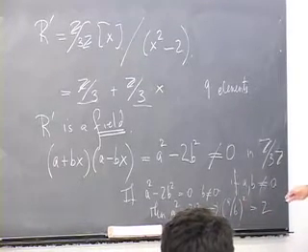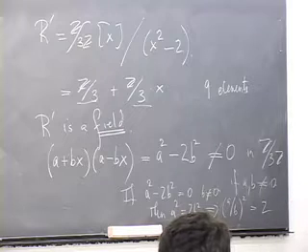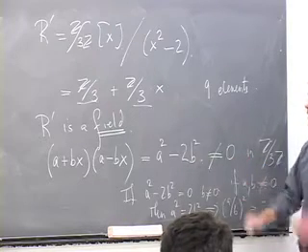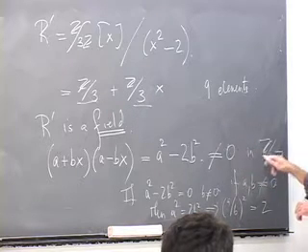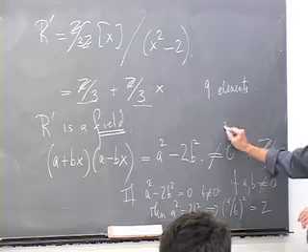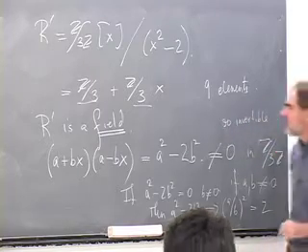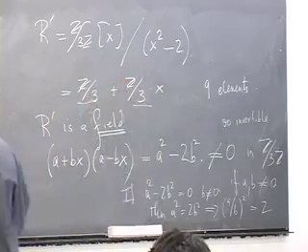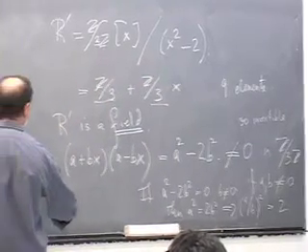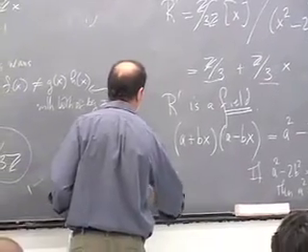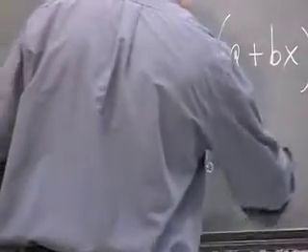But that's impossible because 2 is not a square. So this element would be non-zero, and so it would be invertible in Z mod 3 because this is a field. And therefore, my arbitrary element a plus bx, if I simply multiplied it by the element a minus bx divided by a squared minus 2b squared, which is invertible, that would be equal to 1.